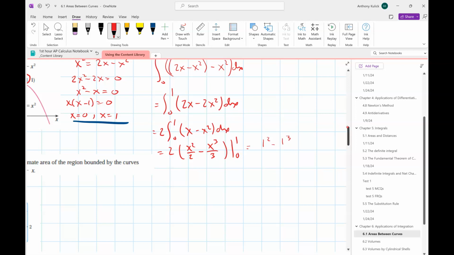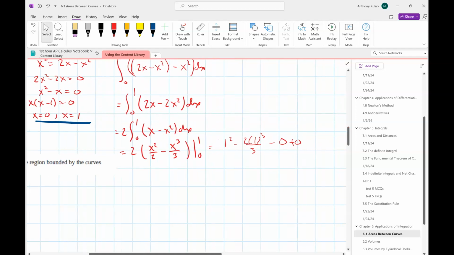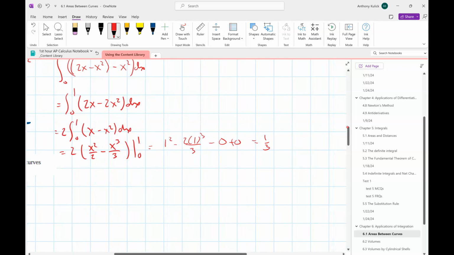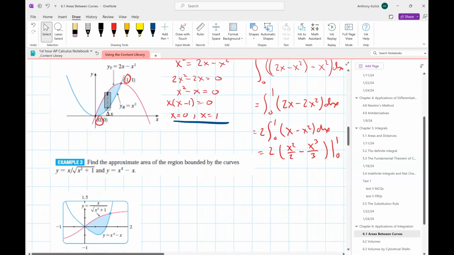Well, I should say 2 times 1 cubed over 3 minus 0 minus 0. Plus 0, whatever. So I get 1/3, right? 1 minus 2/3. Does that feel okay there? Okay.